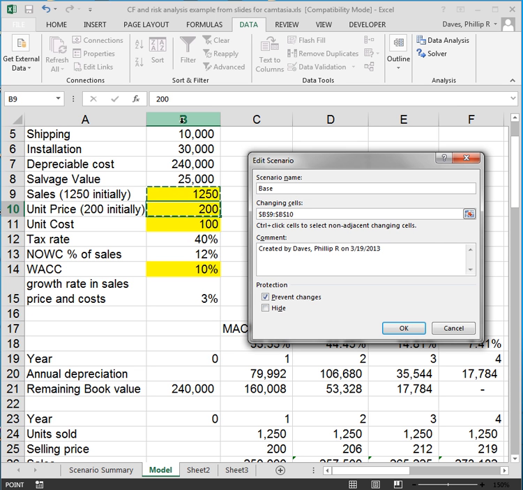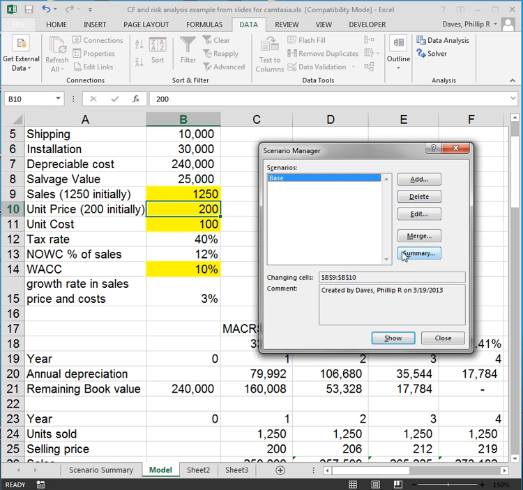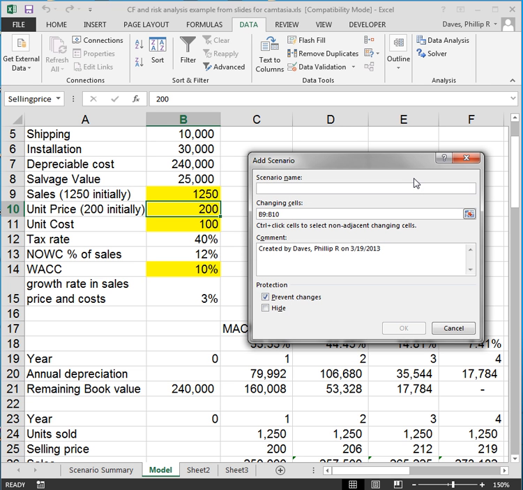We're actually going to leave them at 1250 and 200. Units sold will be 1250, selling price will be 200, and notice it's now referring to those by the clever names that we came up with. We'll click OK.